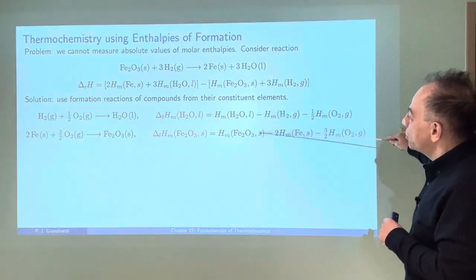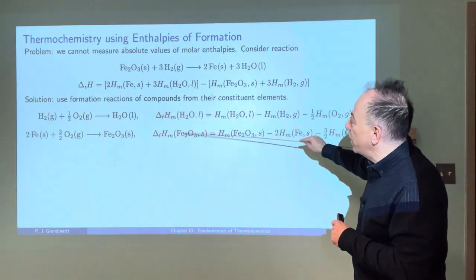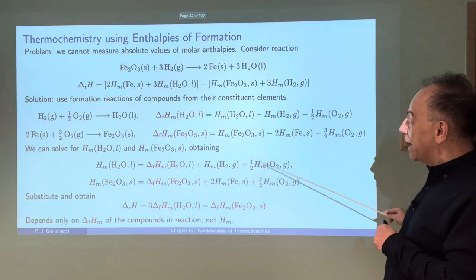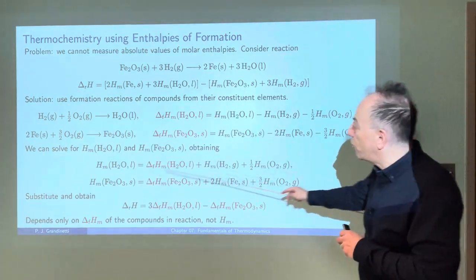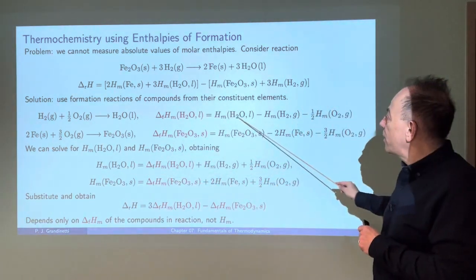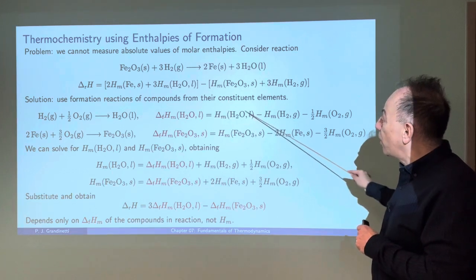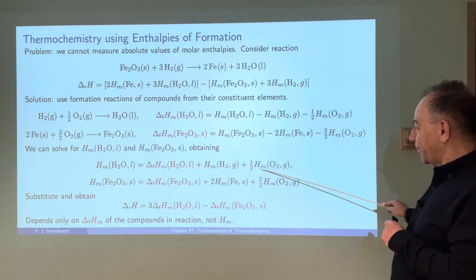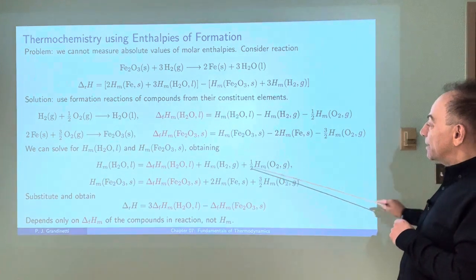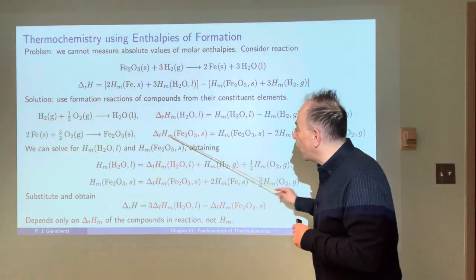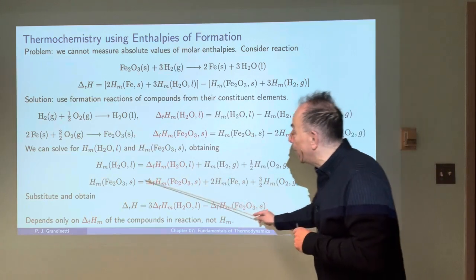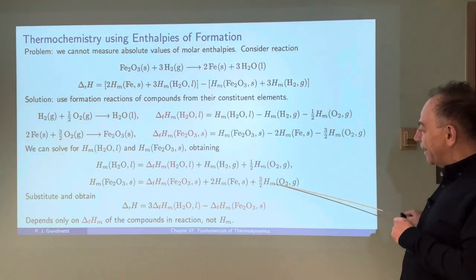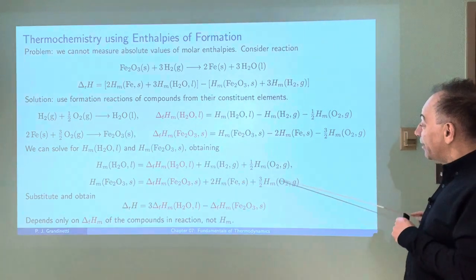Now, taking these two expressions, I have written them in terms of absolute enthalpies, but I can rearrange them and solve for the absolute molar enthalpy of water in terms of its delta H of formation and the absolute molar enthalpies of hydrogen and oxygen. Then I can solve for the absolute molar enthalpy of iron oxide in terms of its delta H of formation and the absolute molar enthalpies of iron and oxygen.